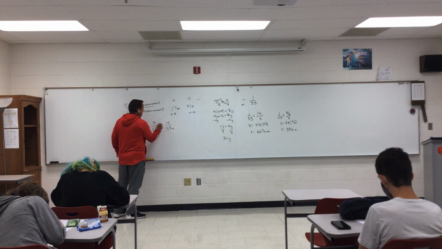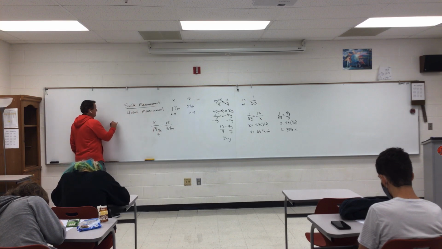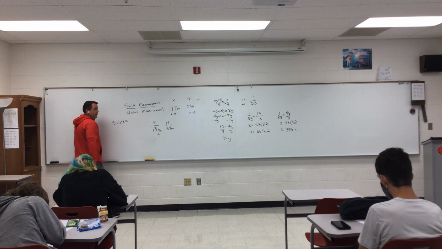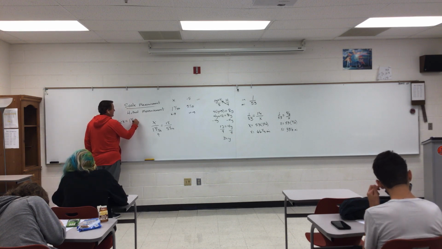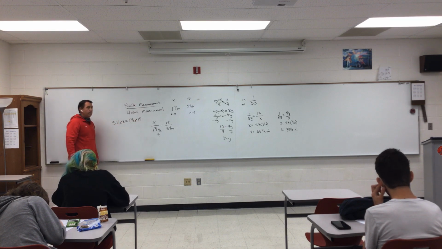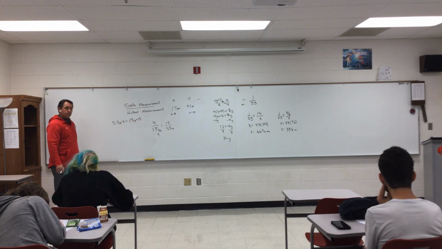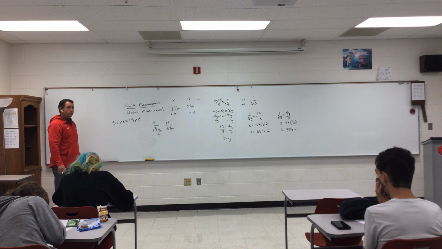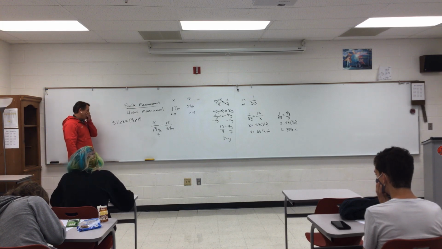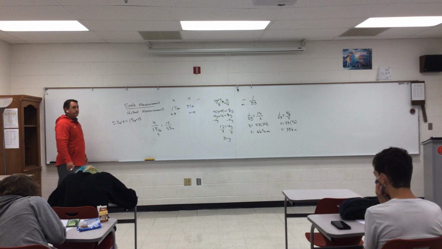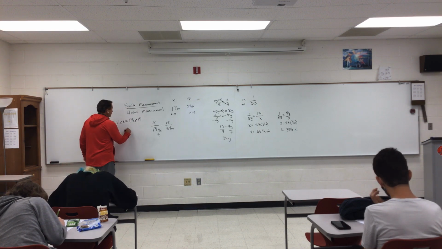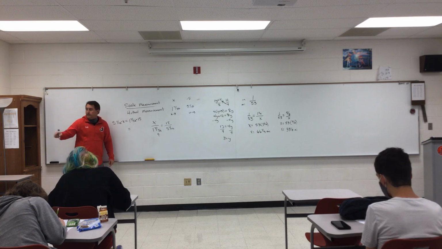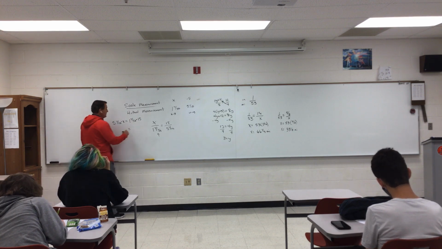You would do 5 1/10 times X, and I would put it equal to 1 7/50 times 15. Can somebody punch in 1 7/50 times 15 and tell me what you get? 17 1/10.